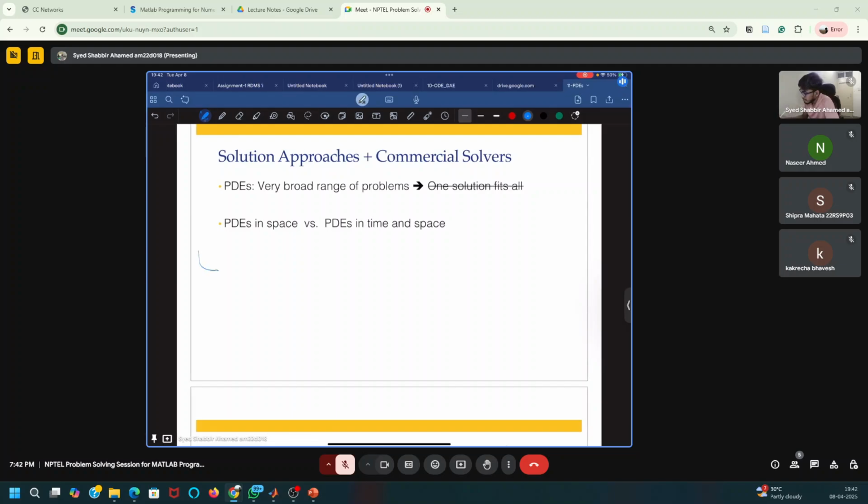If you are working in the field of mechanical engineering, like fluid mechanics or solid mechanics, you can use software called Abaqus, ANSYS Fluent, OpenFOAM, and also COMSOL. Depending upon the application, you can use different commercial solvers.